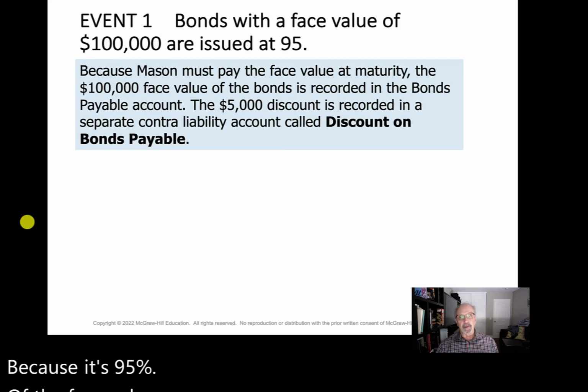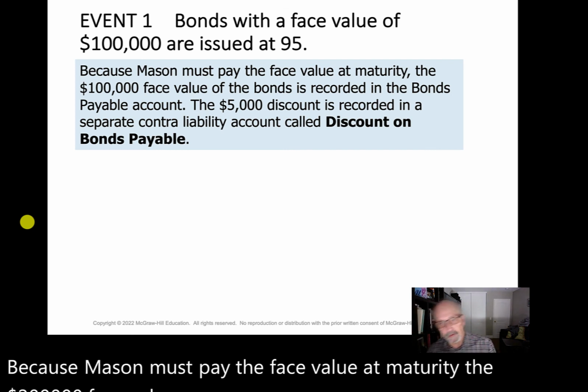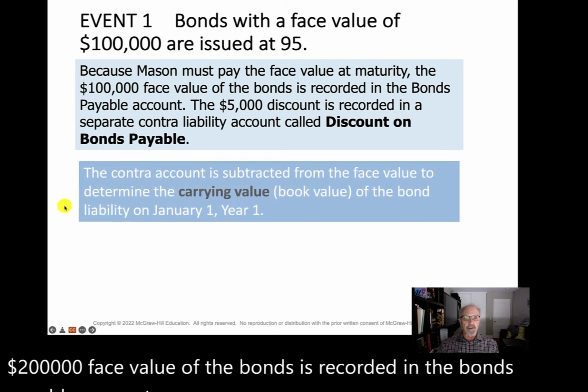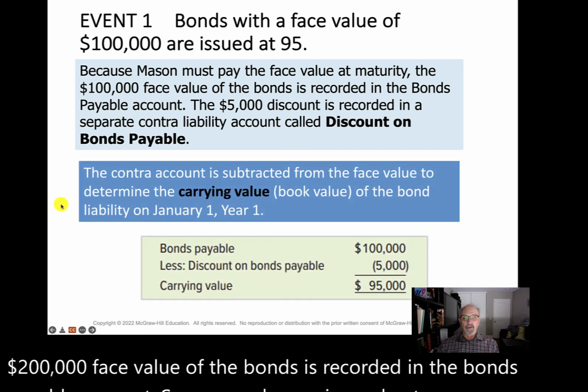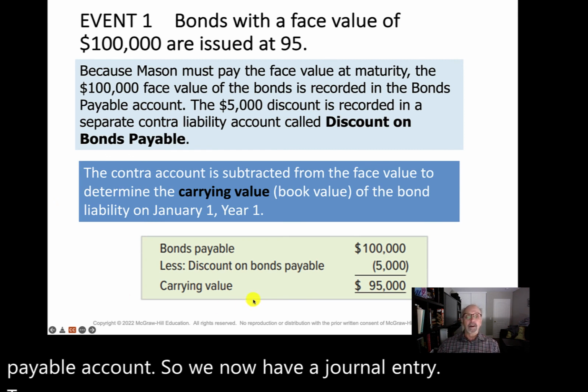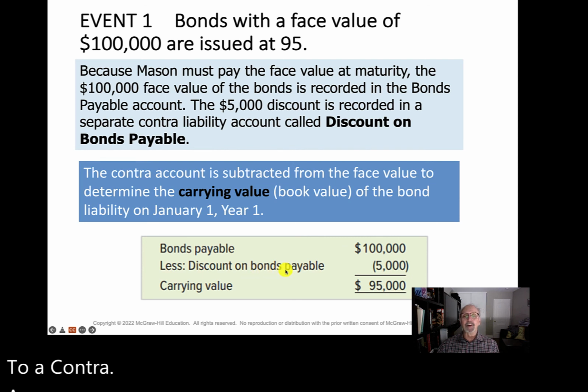Because Mason must pay the face value at maturity, the $100,000 face value of the bonds is recorded in the bonds payable account. So we now have a journal entry to a contra liability account. It's called discount on bonds payable.